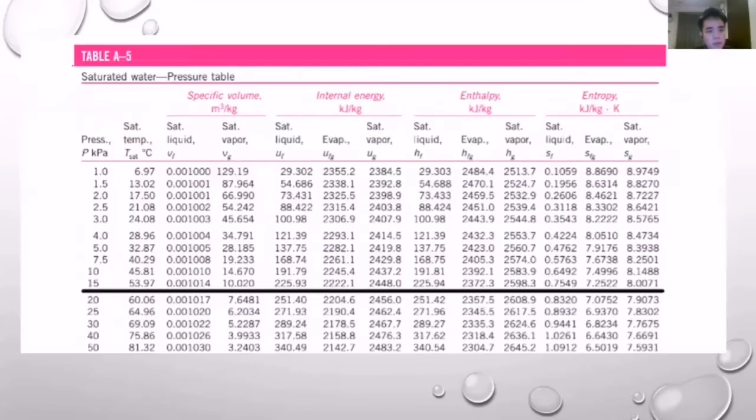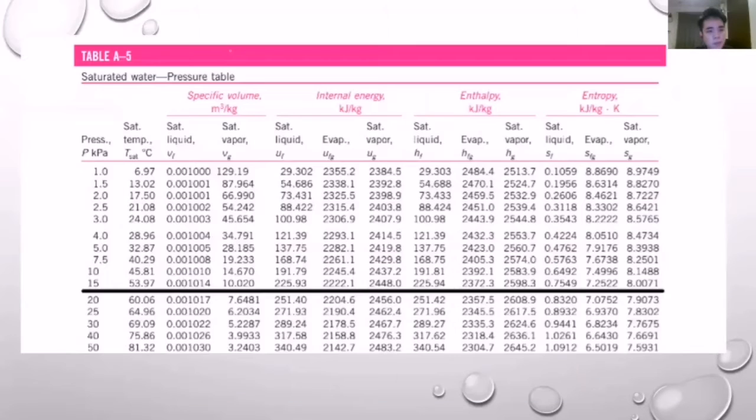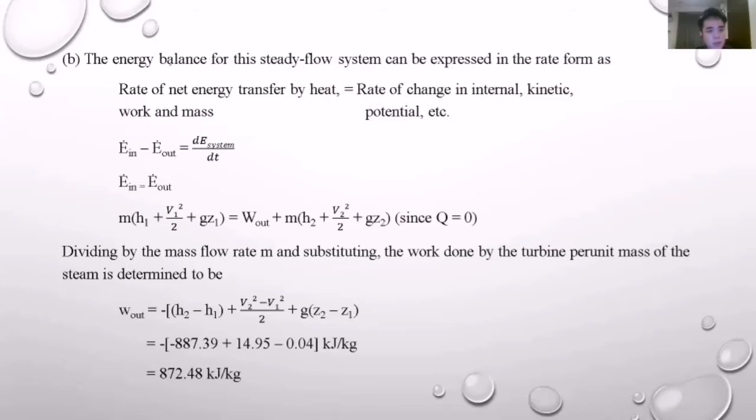And then for B, determine the work done per unit mass of the steam flowing through the turbine. The energy balance for this steady flow system can be expressed in the rate form as rate of net energy transfer by heat, work and mass equals rate of change in internal, kinetic and potential energy.